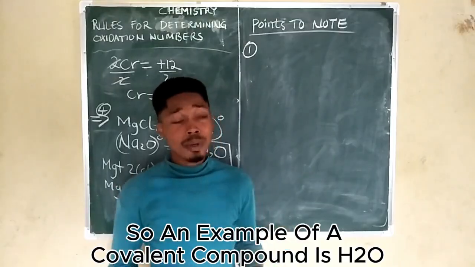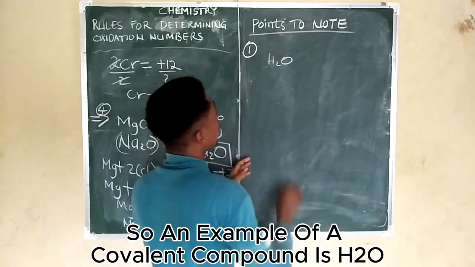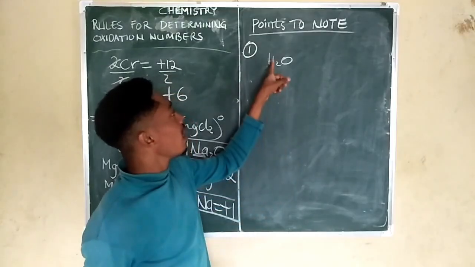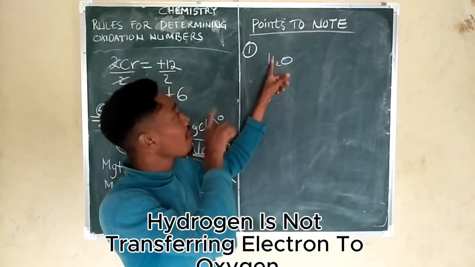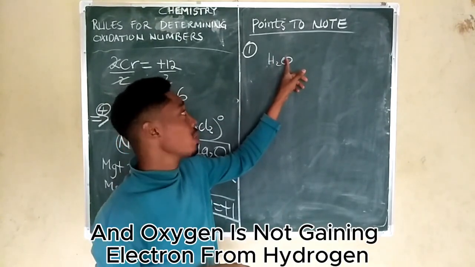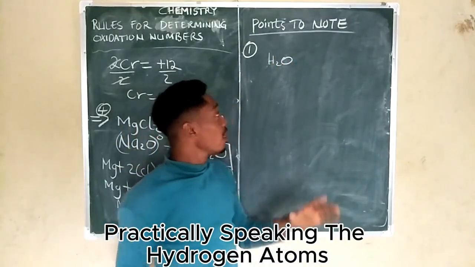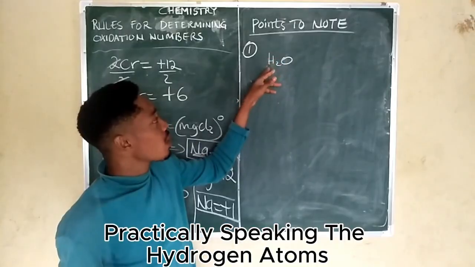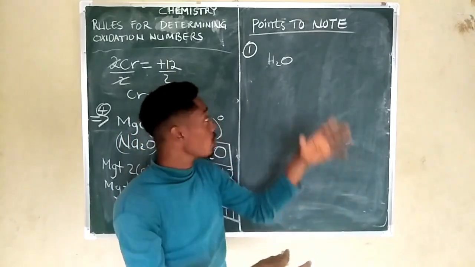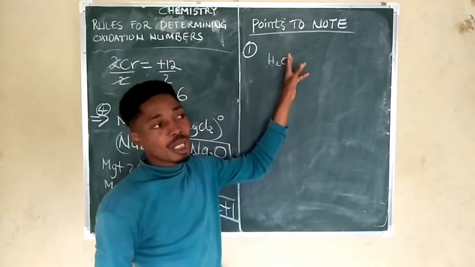An example of a covalent compound is H2O. Practically speaking, hydrogen is not transferring electron to oxygen, and oxygen is not gaining electron from hydrogen. Practically speaking, the 2 hydrogen atoms are sharing electrons with the valence electrons in the oxygen atom.